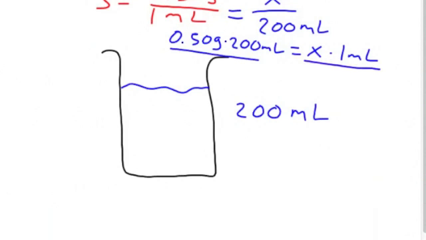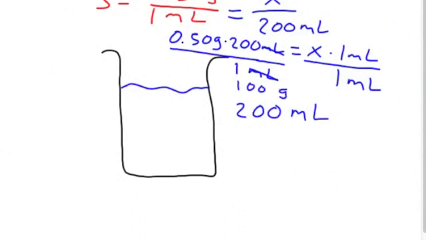To isolate the X, you divide both sides by 1 milliliter, and those milliliters cancel. And when those milliliters cancel, you'll see 0.5 times 200, and Francesca did a great job with that math. That's essentially half of 200 is 100. The unit that's remaining is 100 grams.